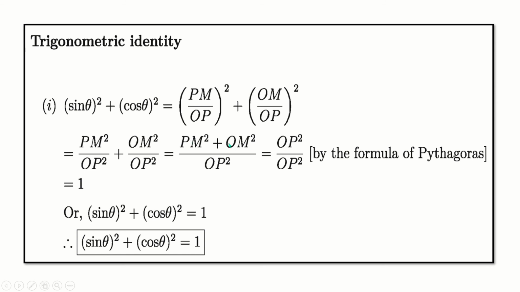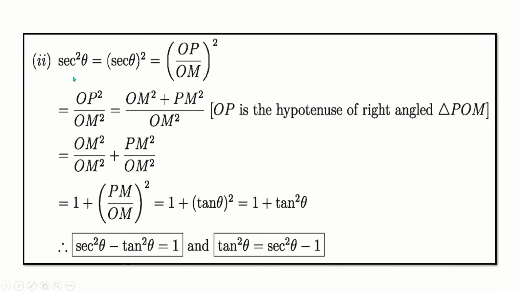PM square plus OM square, that means base square plus perpendicular square, is equal to hypotenuse square because OP is the hypotenuse. And OP square by OP square is equal to 1. That means sin theta whole square plus cos theta whole square is equal to 1. Or sin square theta plus cos square theta is equal to 1. You have to remember.